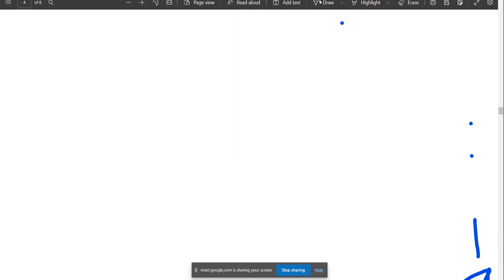See, let's say this is the transfer function.